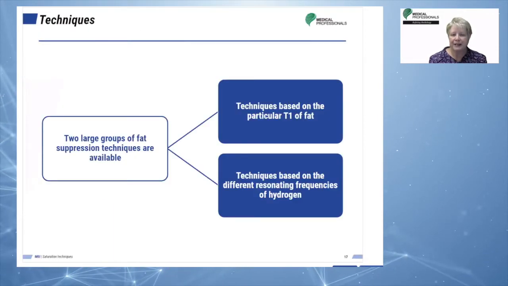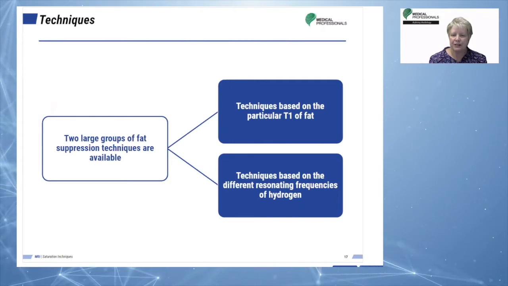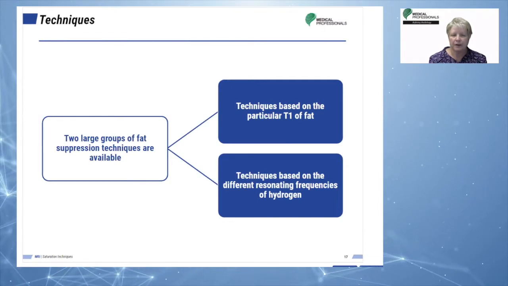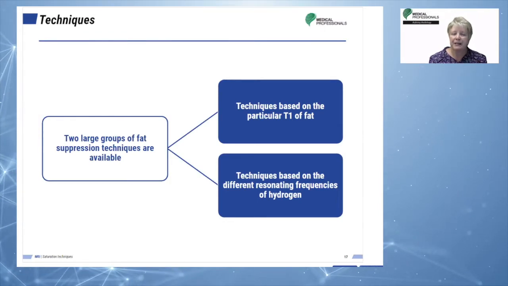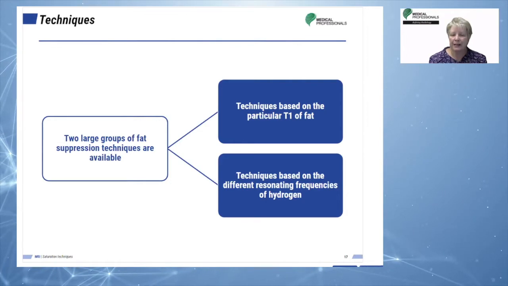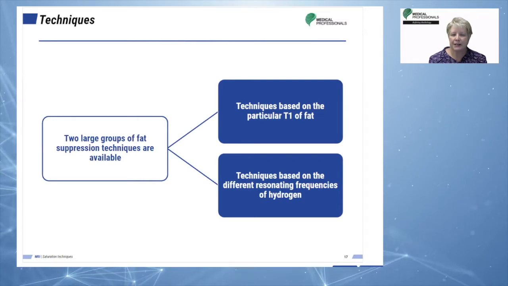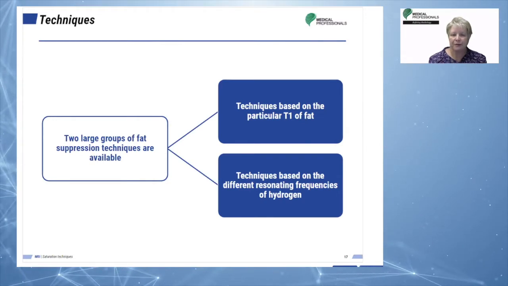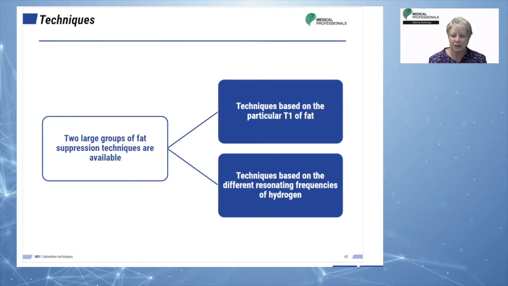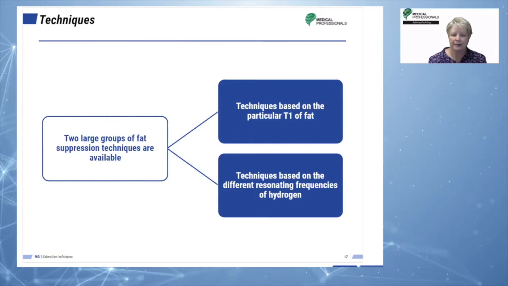There are two basic classifications of fat suppression techniques available. First are those techniques based on the T1 relaxation time of fat, and second, those techniques based on the different resonating frequencies of hydrogen, which are tissue dependent.